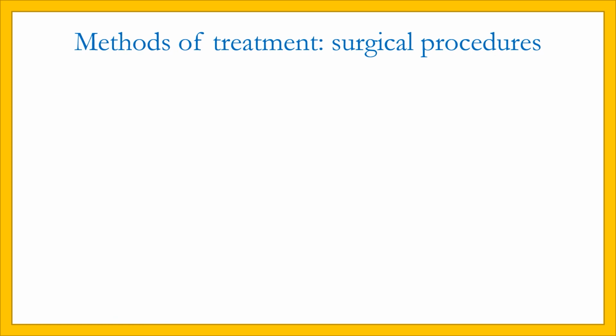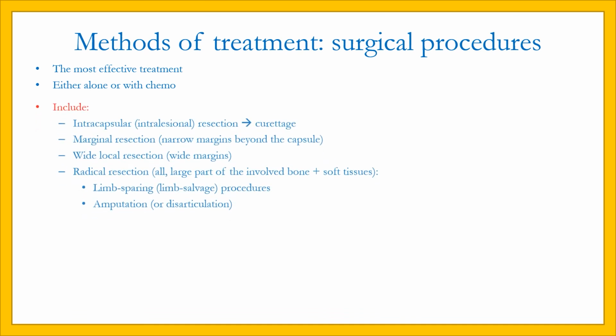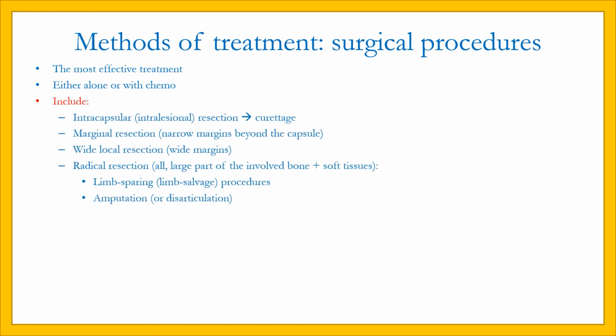Methods of treatment: surgical procedures. The most effective treatment, either alone or with chemotherapy, includes intracapsular or intralesional resection, curettage, marginal resection, or narrow margins beyond the capsule, wide local resection or wide margins, and radical resection, or removal of a large part of the involved bone plus soft tissues, such as limb-sparing or limb salvage procedures, and amputation or disarticulation.